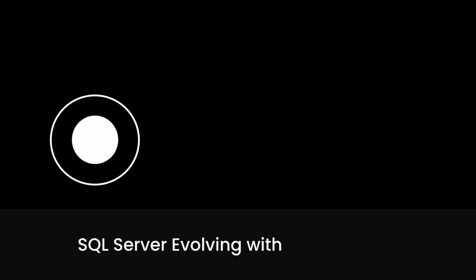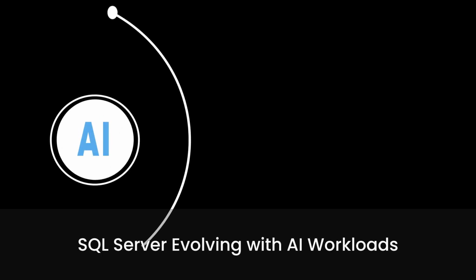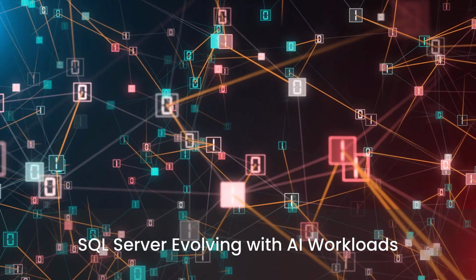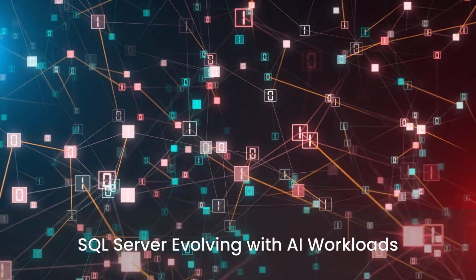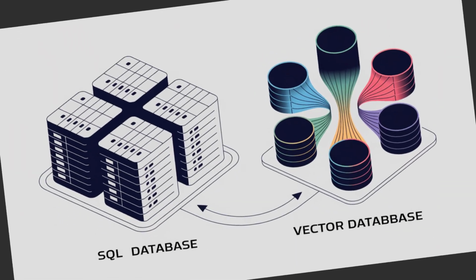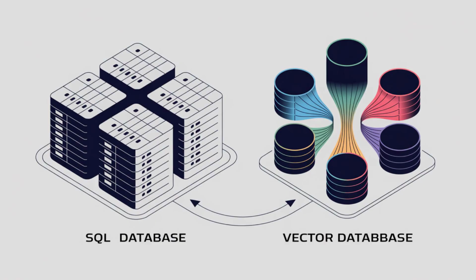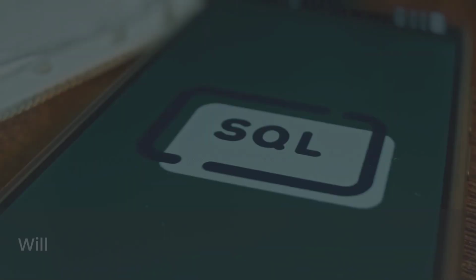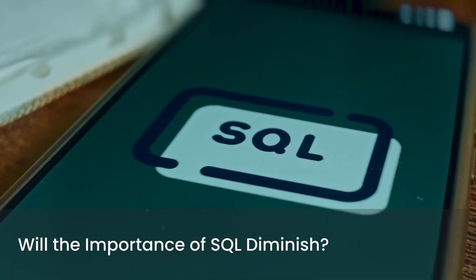While SQL Server and similar systems are still evolving in their native support for vector search, they are clearly moving toward tighter integration with AI workloads, often as part of broader architectures that pair relational databases with specialized search or vector services. While SQL and vector databases optimize for different epistemic tasks, SQL anchors semantic retrieval within an auditable, secure, and well-governed data foundation.